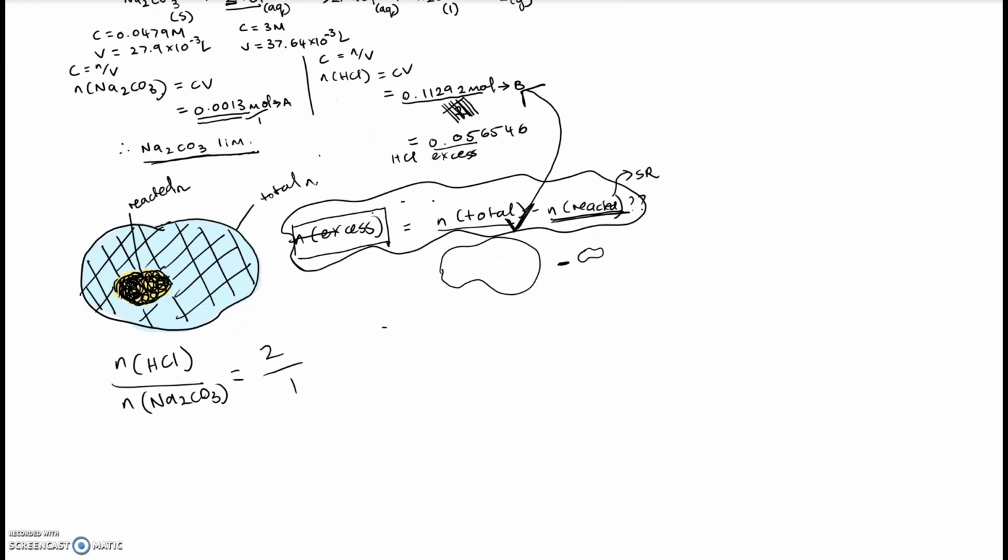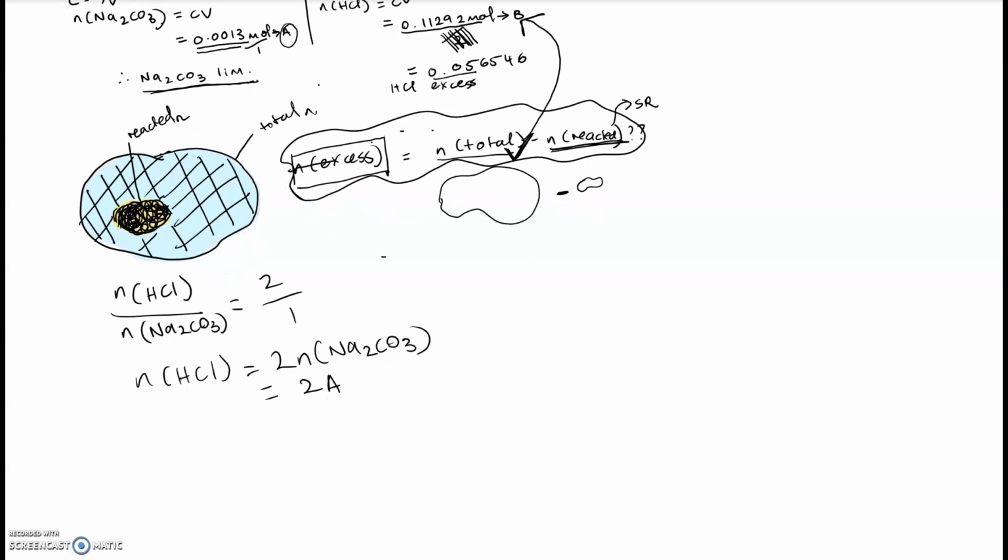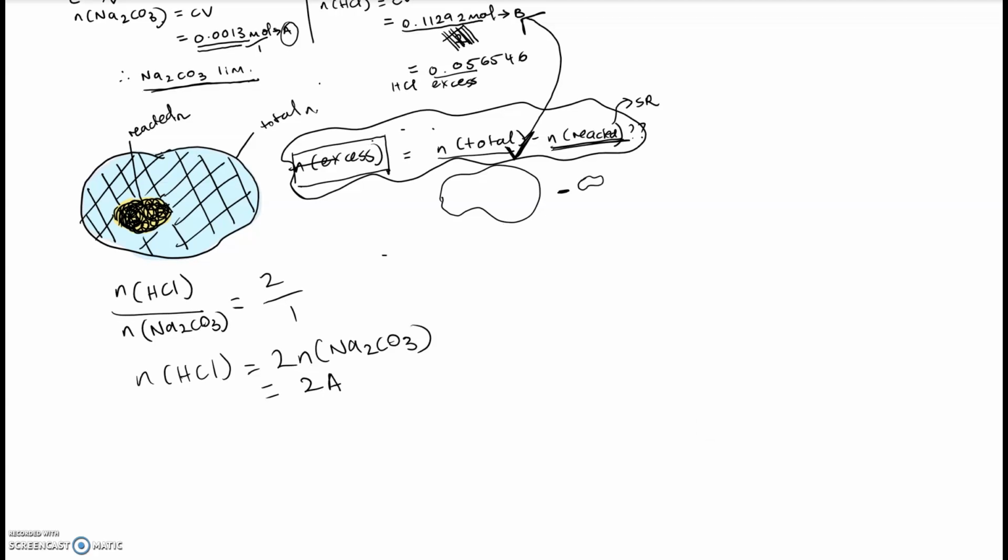So that tells me that the number of moles of HCl is equal to 2 times the number of moles of sodium carbonate, which is equal to 2A, given that A is the number of moles of sodium carbonate. So now I've got the number of moles of HCl that has reacted.